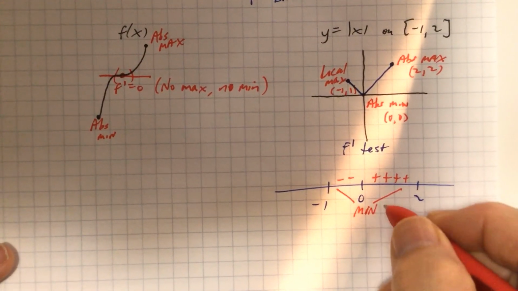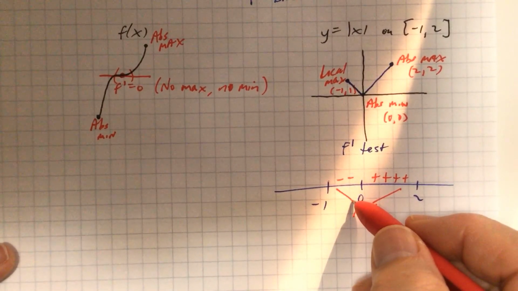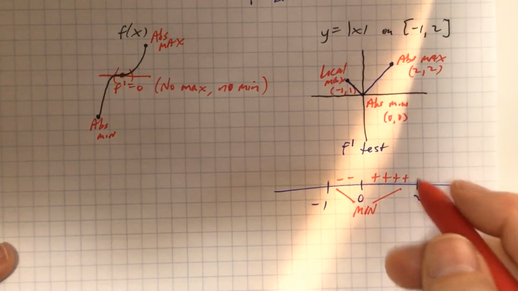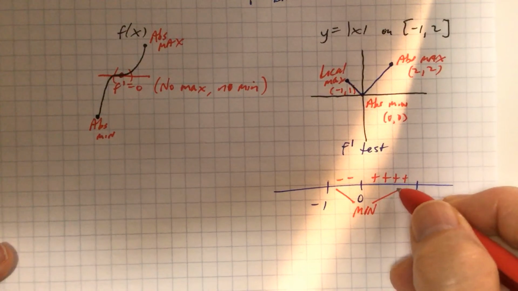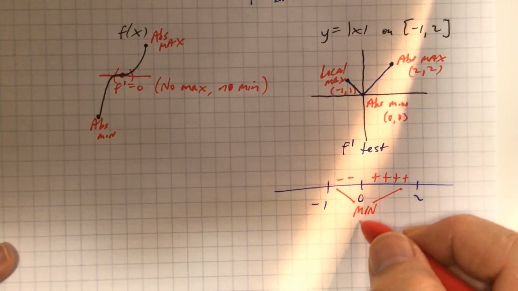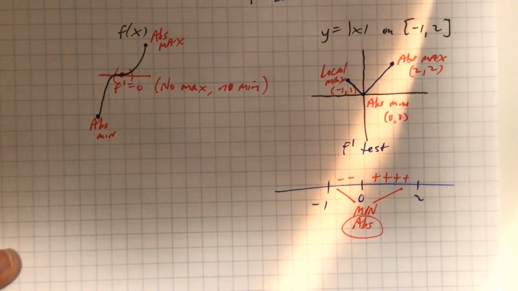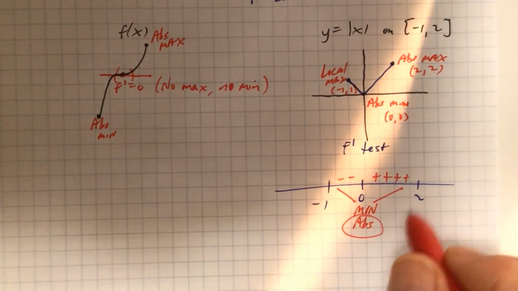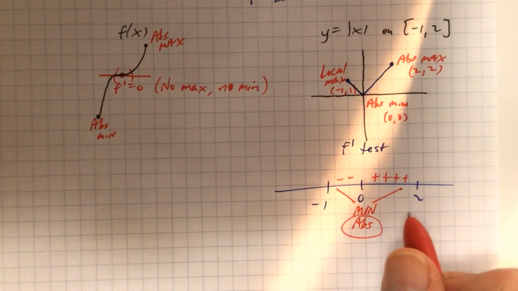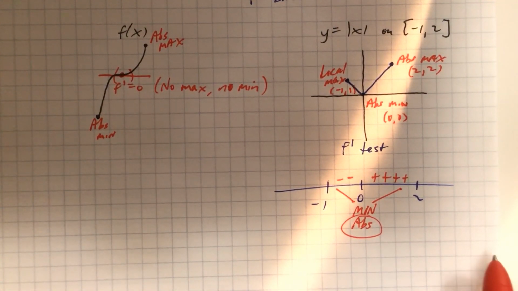If f prime is always negative from the beginning of the domain to this only critical point, and then f prime is positive from this only critical point to the end of the domain, then we would say we have an absolute min. If f prime changes from negative to positive, we automatically have a local min. And there are ways to test the y values to see if you have an absolute min. If you have more than one min, the lowest min is the absolute min. It's on a closed interval, and on and on.